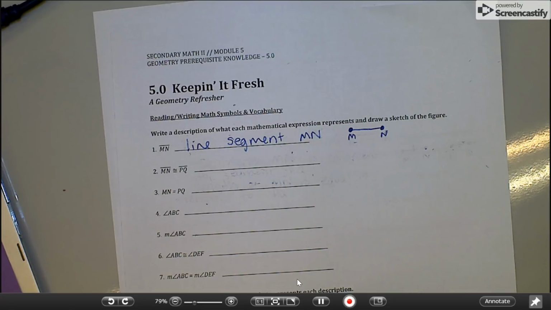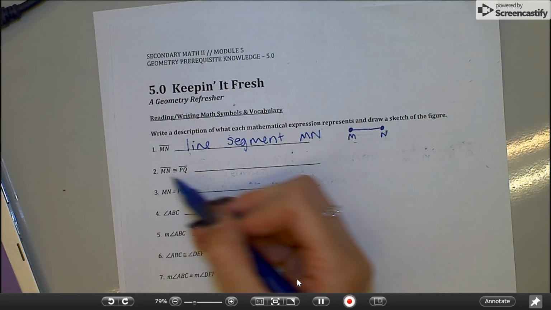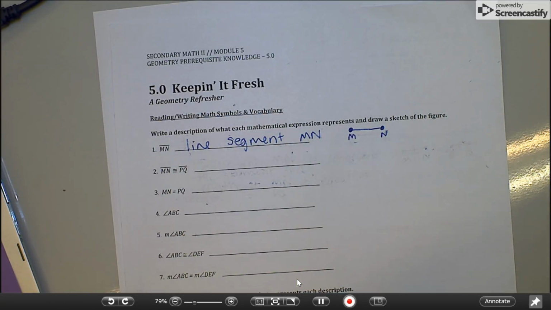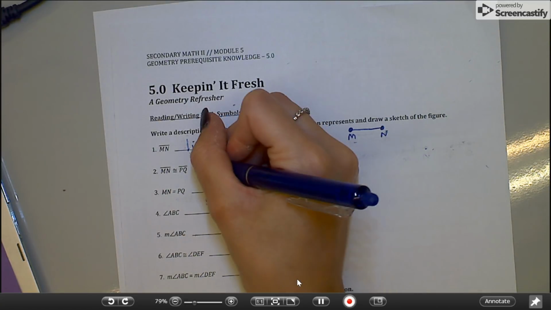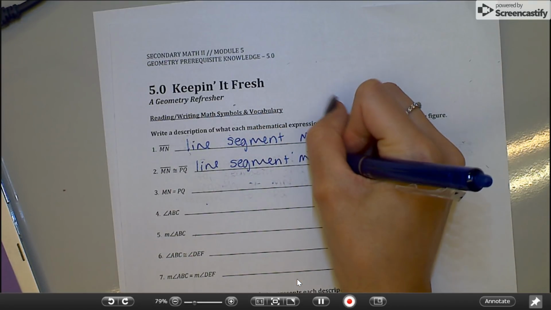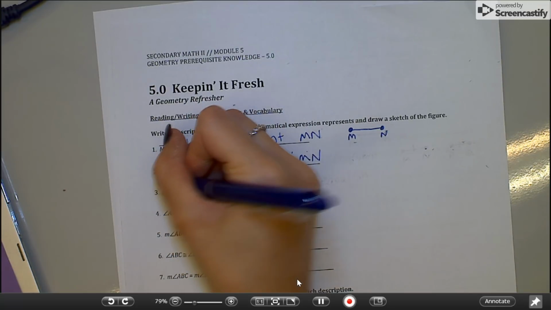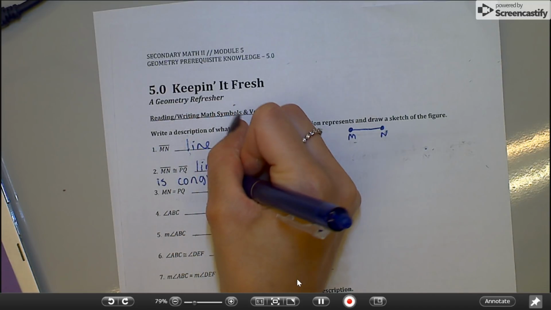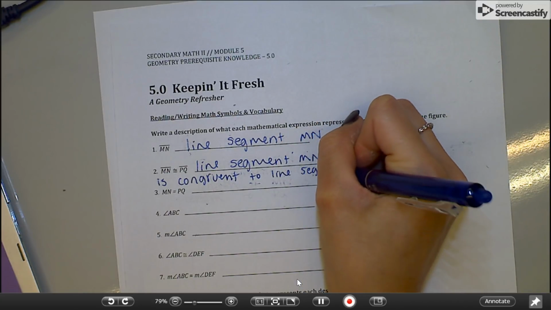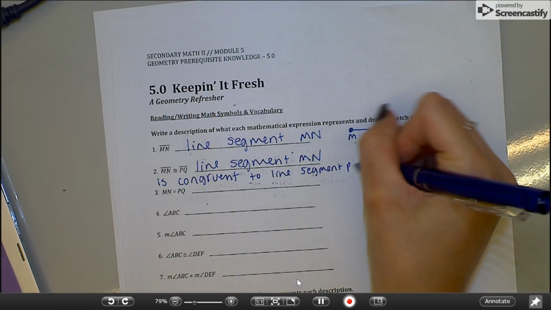The next part is saying line segment MN is congruent to line segment PQ. That's what that symbol right there in the middle means. So what we would say is line segment MN is congruent to line segment PQ.